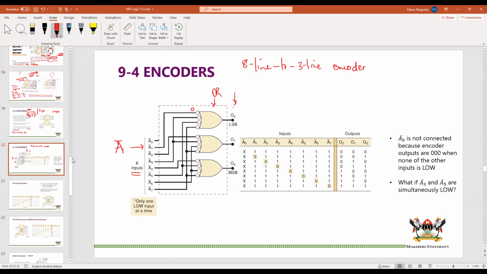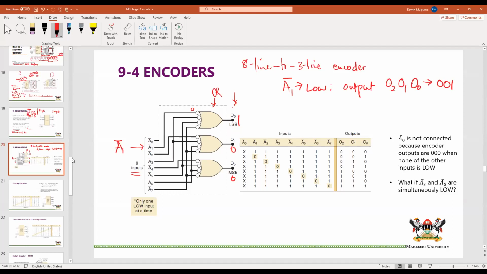An OR gate, once it has a 1, will return a 1. Obviously, these ones will return zeros. That means that when A1 is low, our output, which is O2, O1, O0, is equivalent to 0, 0, 1.